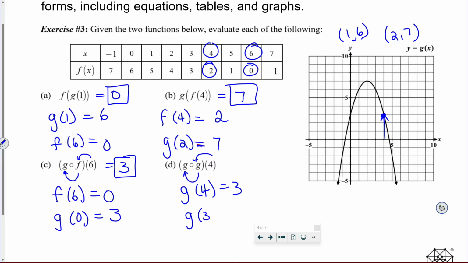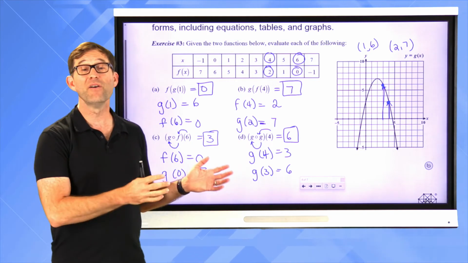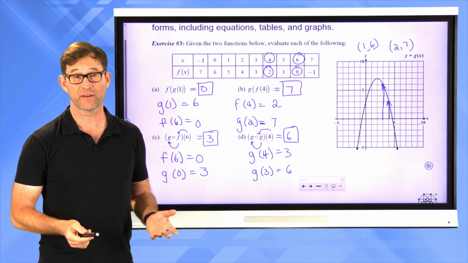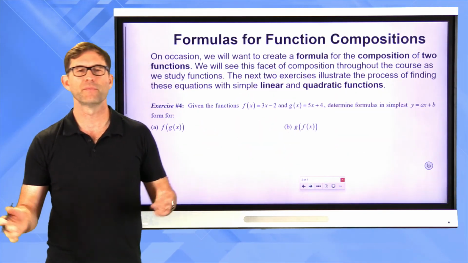Then g of 3 is right here, and that's equal to 6. So g of g of 4 is equal to 6. All right, that's it. I love doing these kinds of problems with graphs and tables because they tend to be very, very quick. And we like things that are fast, most of the time.